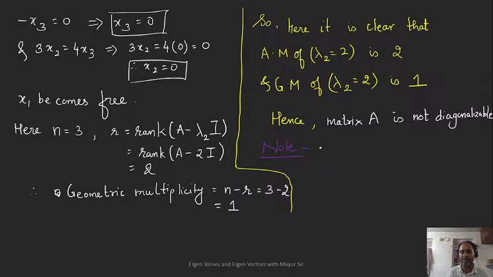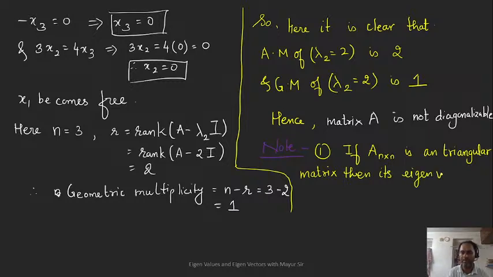The note is that if A, an n cross n matrix, is a triangular matrix, then its eigenvalues are its diagonal entries.